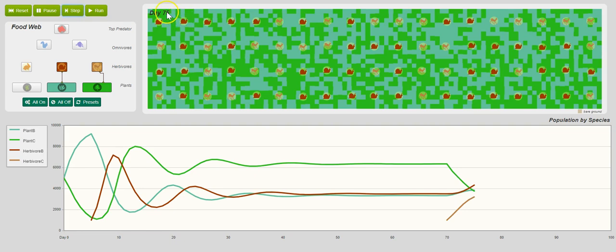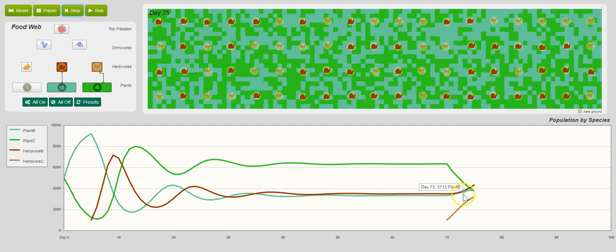Okay, so now we're ahead 5 days. So notice that herbivore C eats only plant C. Well, that's the competition of plant B. So if its competition's population is going down because it's being eaten, well, that's good for this population. So you would expect that this population is going to go up, which is what we see happening right here.